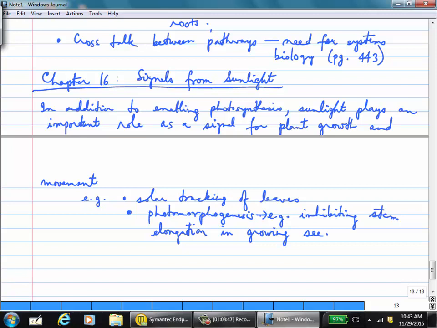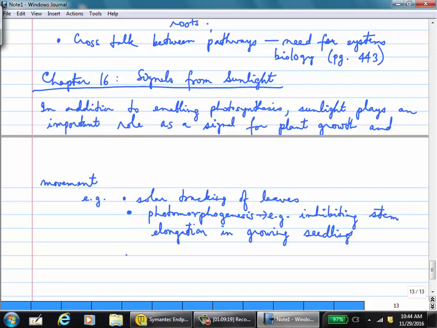When you plant a seed underneath the ground, there's germination that takes place. Initially that seedling is not getting any light. At that time the stem grows really fast, incredibly fast, maybe millimeters an hour or something like that. As soon as it hits the ground, it sees light, then the growth rate slows down, because now it's going to focus on doing other things, not just shooting upward just to get out of the ground. So that is affected by light.